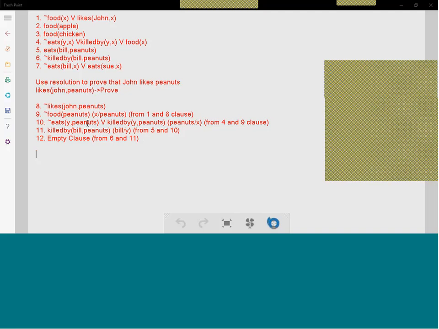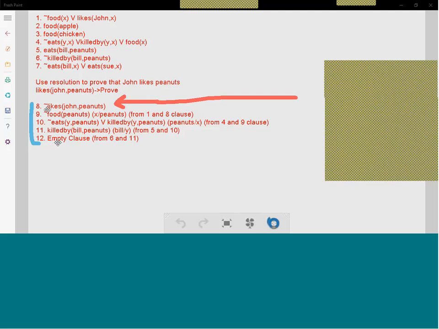Empty clause means negate likes John peanuts fails. From statements 8 to 12 we have derived everything, so according to that you can tell whether this negated statement is true or false.